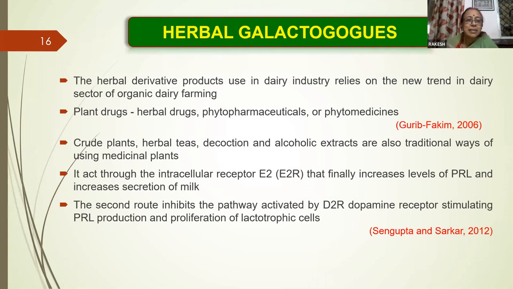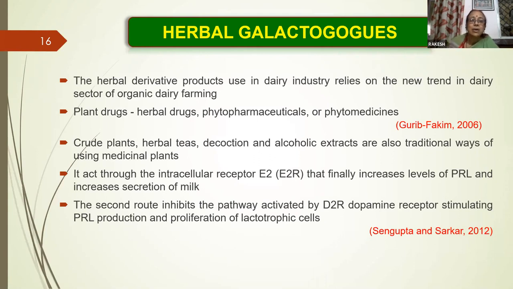In many researches, I have seen that we have taken a standard and compared it with the herbal drug, and we have seen it is almost at par. If one is 99 or 90%, the herbal is 80%. It is also economical, easily available, and I have not seen any side effects.